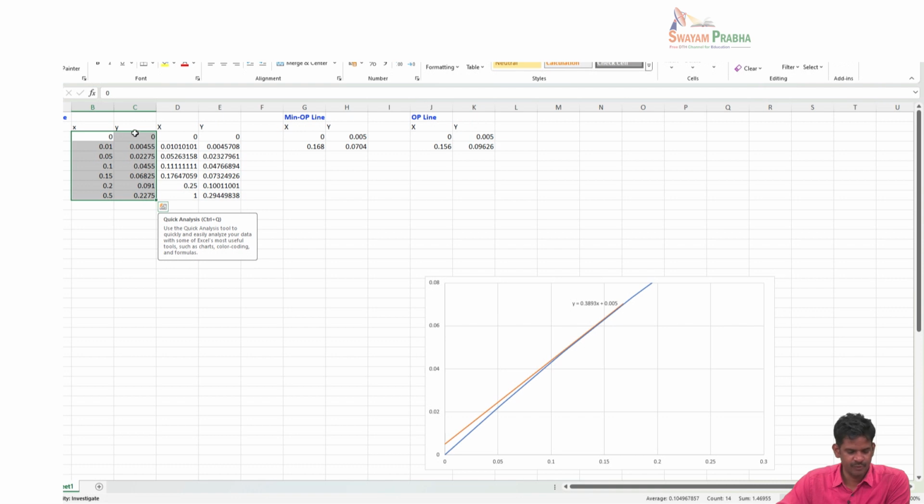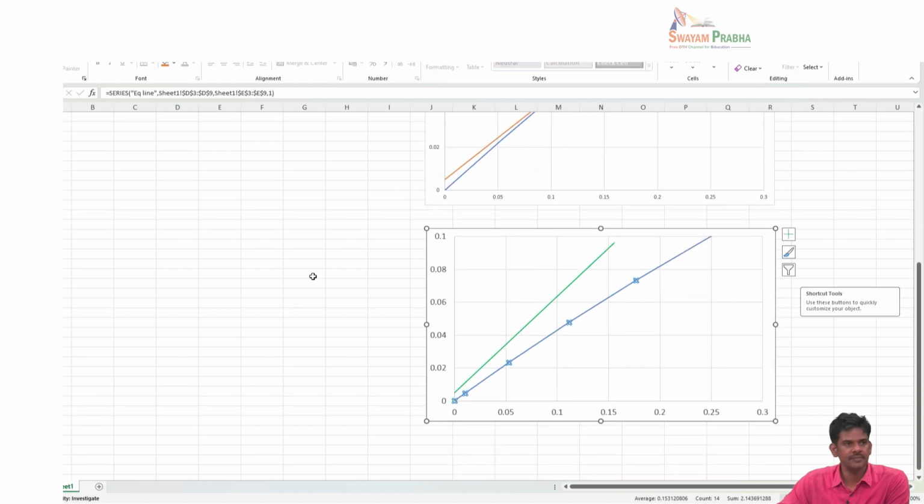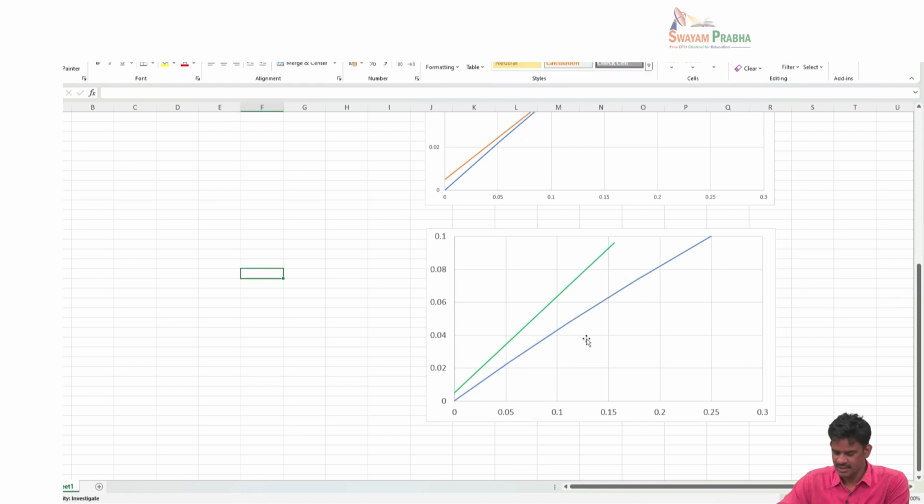So correspondingly I am calculating this y value based on Raoult's law, and then I am making the mole ratios from the mole fractions, and those are plotted here as a blue line. Even though this line is straight line in mole fraction units, but in mole ratio units it's slightly curved. Okay, so that's a blue line, and the operating line is shown as green here.